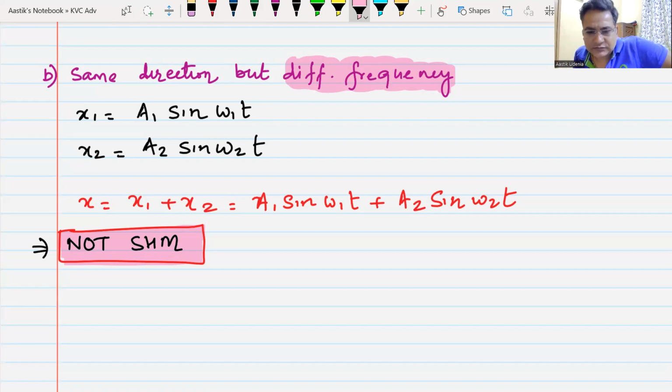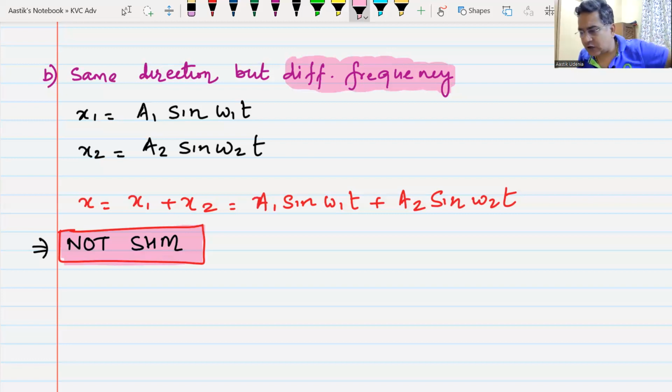Sir, is there any dependence on phase for direction? If they have the same frequency, not a problem. Phase can be different.